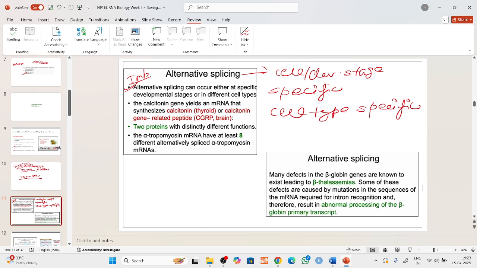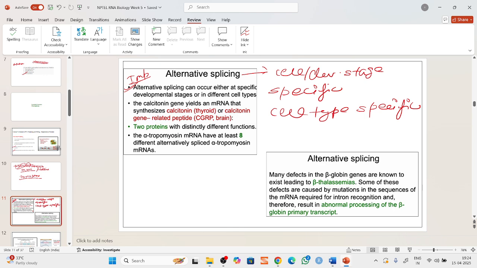So, for example, the calcitonin gene yields an mRNA that can synthesize calcitonin or calcitonin gene related peptide. Both proteins have totally different functions. This is one example. That means one gene can synthesize two kinds of mRNA.